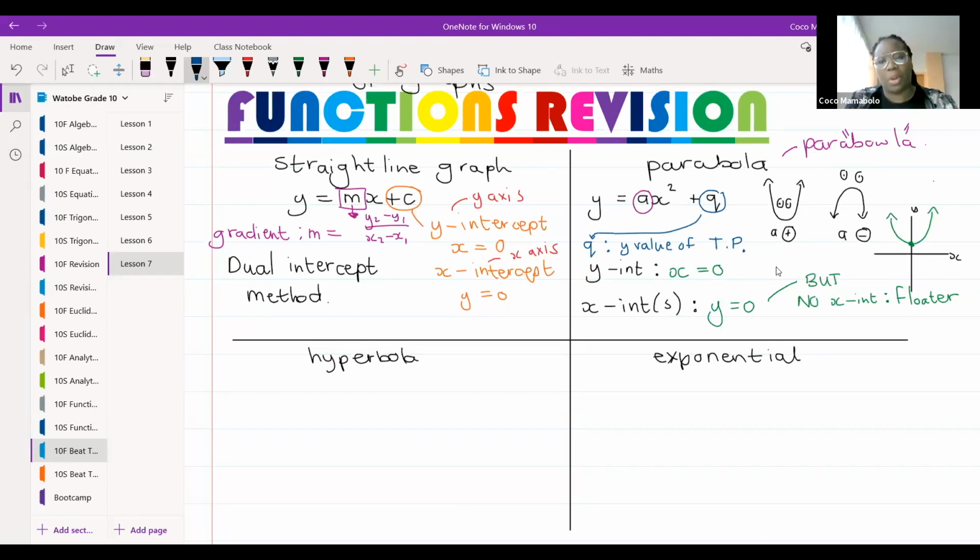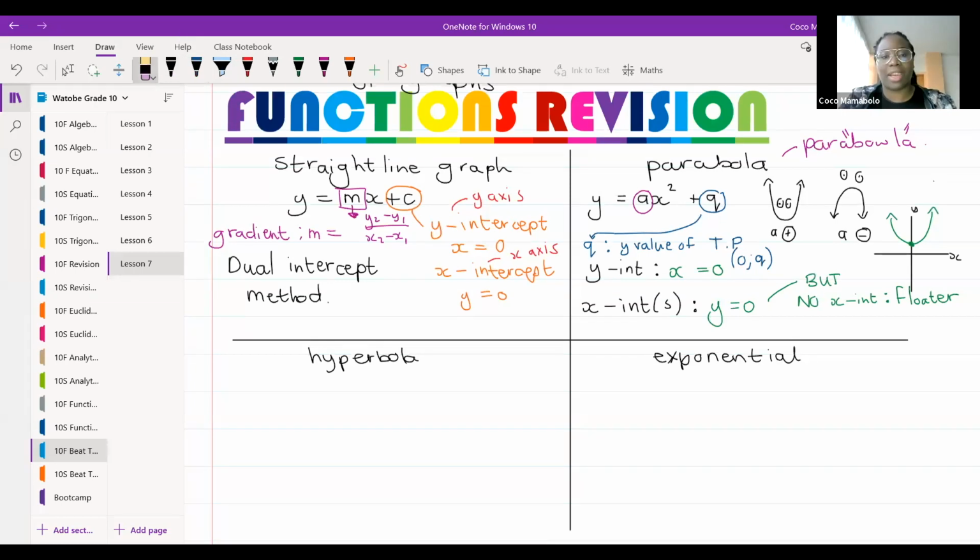And if it is, that means our turning point is literally at the point 0, q. So if our turning point is our y-intercept, then our x value will be 0, and our y value will be q. All right, well done, guys.